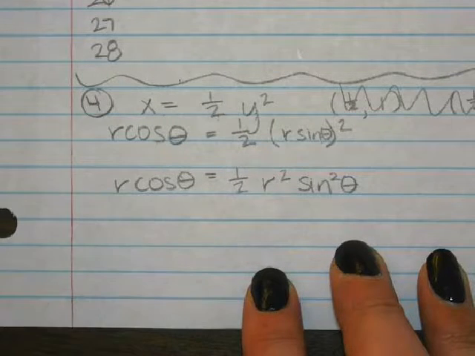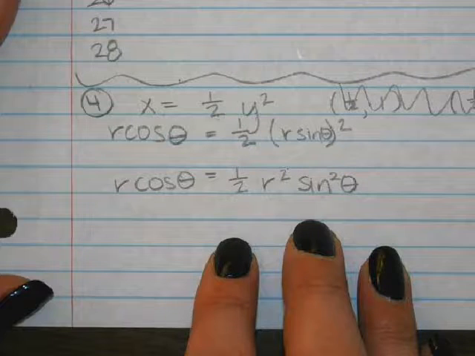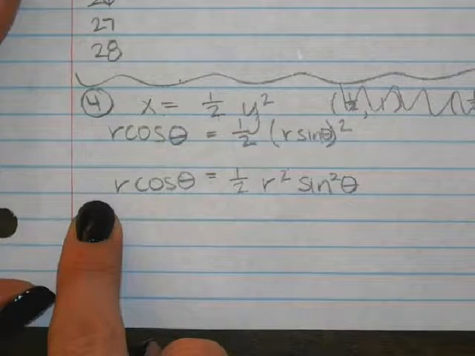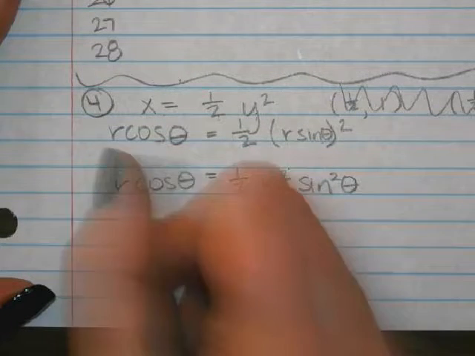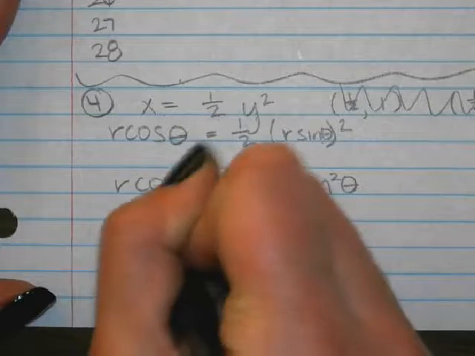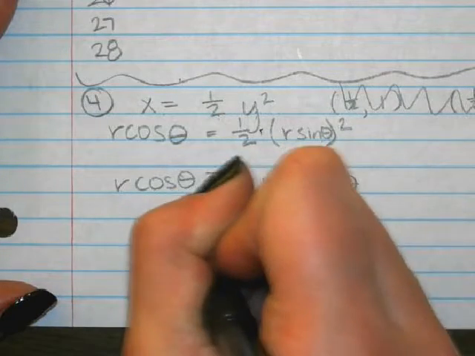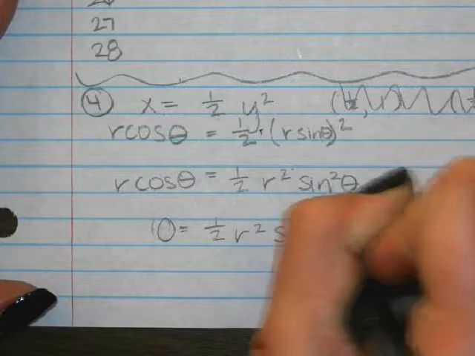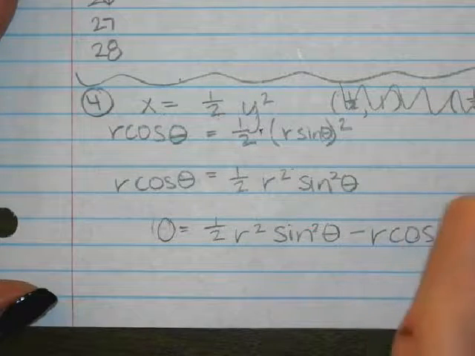So what do I need to do so I can factor this equation? It needs to all be on one side. Do you want to subtract this part over here, or that part over there? It doesn't matter. So we'll subtract the r cos theta over. So 0 equals 1/2 r squared sine squared minus r cos theta.